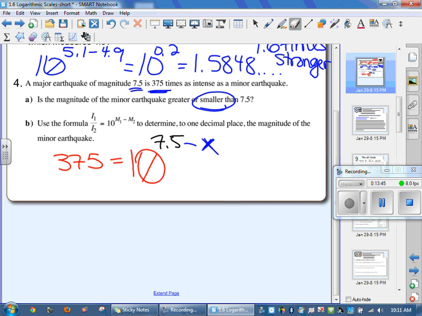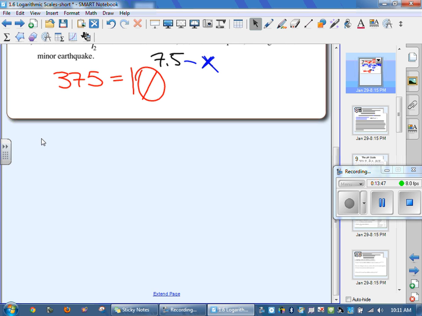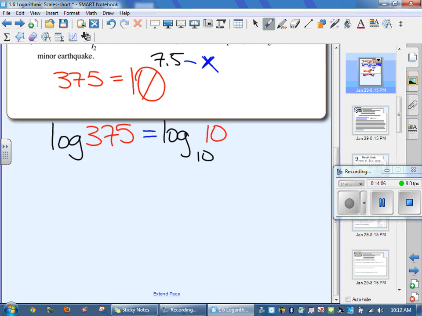So, I'm going to write log of 375 equals log base 10 of 10 to the 7.5 minus x. Our base 10 and our log disappear. So I have 7.5 subtract x equals my log 375.